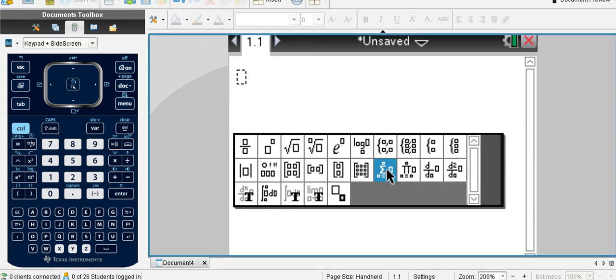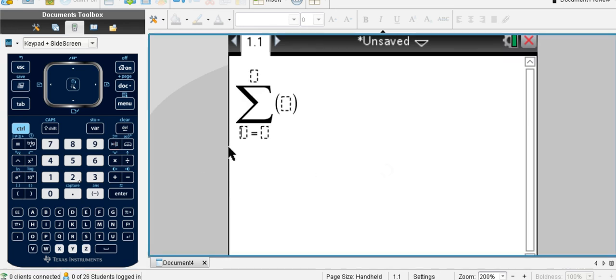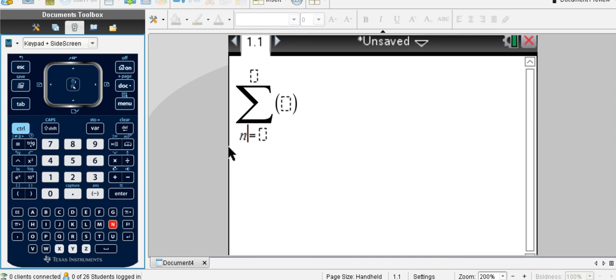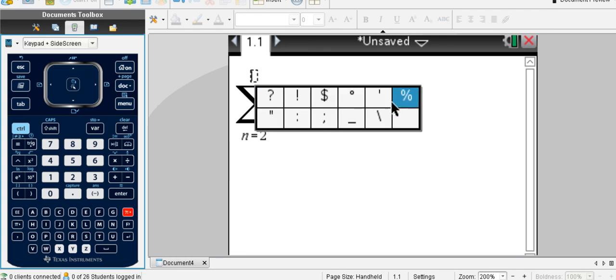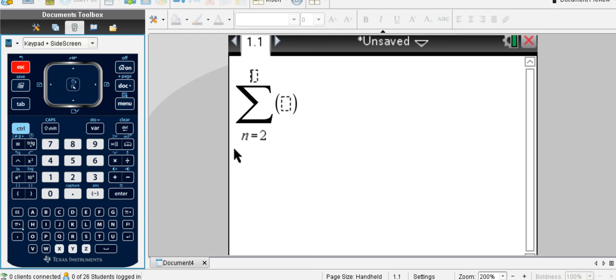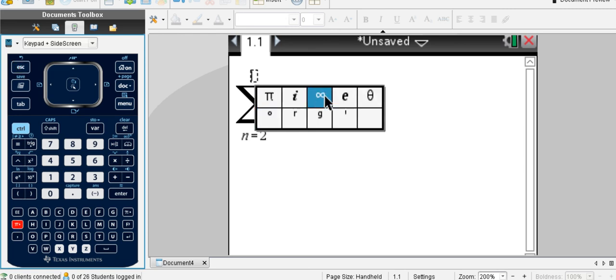We hit that button. We say from when n right here is, they actually didn't start at 1, did they? They started at 2. And we could put an infinity up here. Oh, so sorry, infinity is with the pi button. There's infinity.